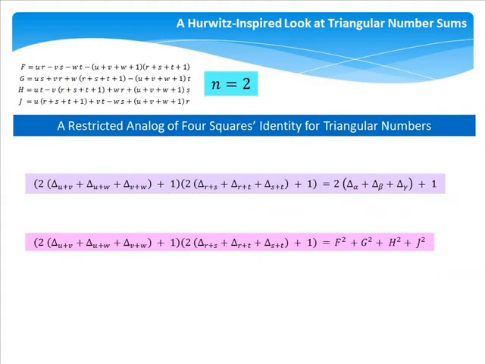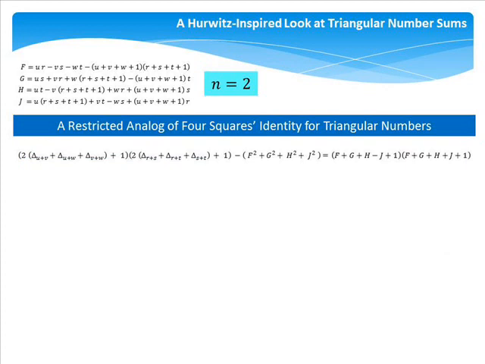Since the product of two such numbers of the form involving a sum of three triangular numbers must result in a sum of 4 squares, f, g, h, and j, the natural move is to analyze the difference. This pays off, yielding the difference of squares, f plus g plus h plus 1 and j.